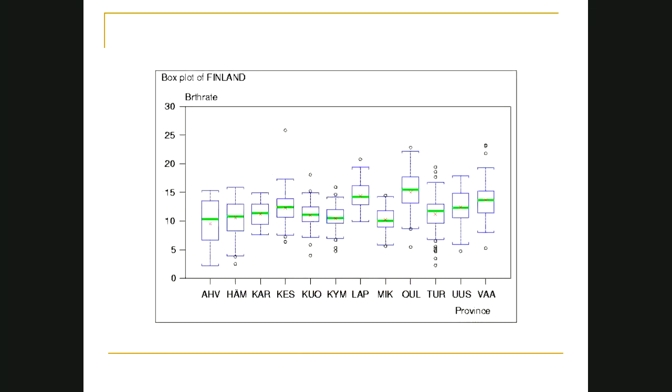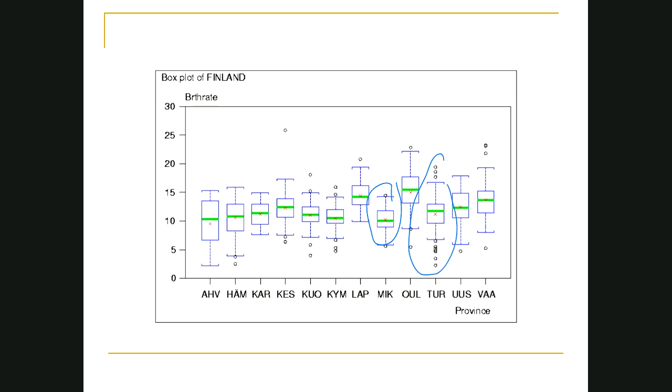So I can use Tukey boxes and have more than one for each entry. Here's an example of birth rate, again, in Finland. Apparently, when I looked at Tukey box plots, I found something about Finland. You can see some of the box plots are really thin, while others are really stretched out. So what are the 2 data dimensions?